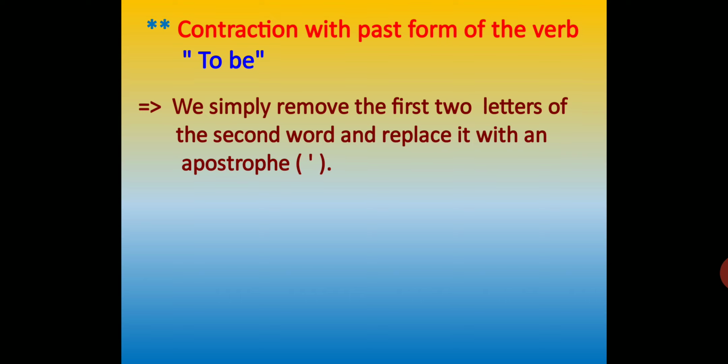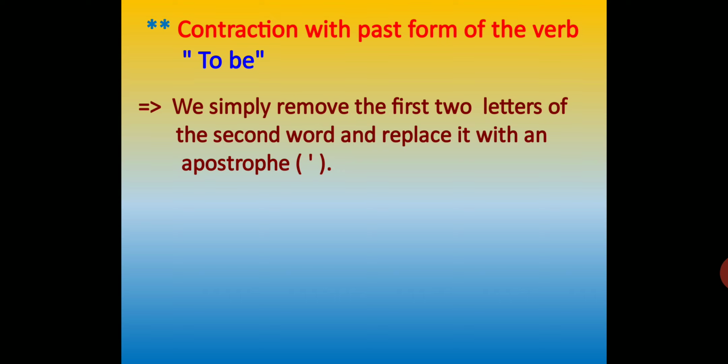As we know that the verb to be is always used after the noun and pronoun, the first word will be a noun or pronoun and the second word will be the verb to be, maybe it is am, is, are, was, were or will, shall.